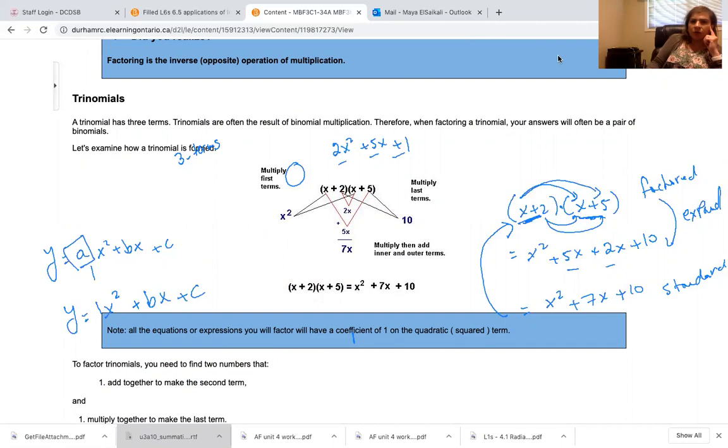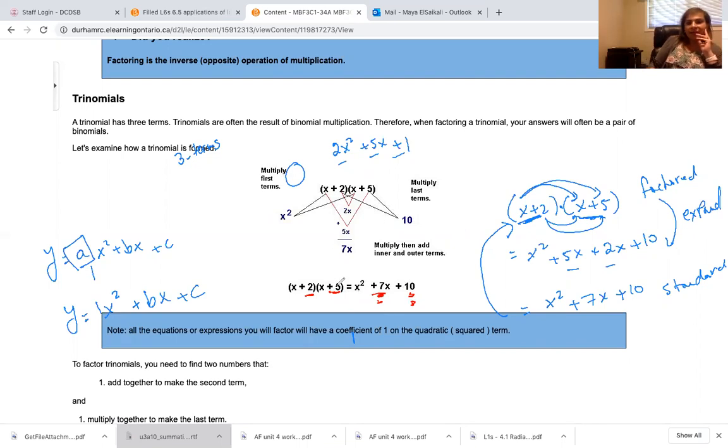I want you to think about these numbers and tell me, what's the relation between 2 and 5? What can I do to 2 and 5 to get 7 and to get 10? If I subtract them, add them, multiply them, divide them, square root them, what do I do to 2 and 5 to get 7? And what do I do with 2 and 5 to get 10? Is there any relation there?